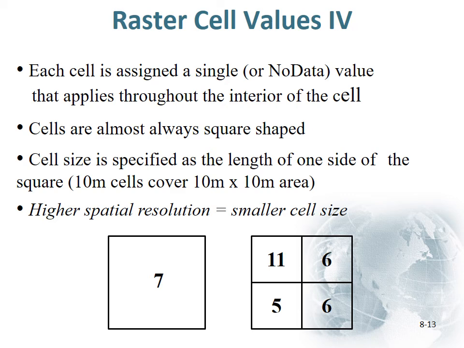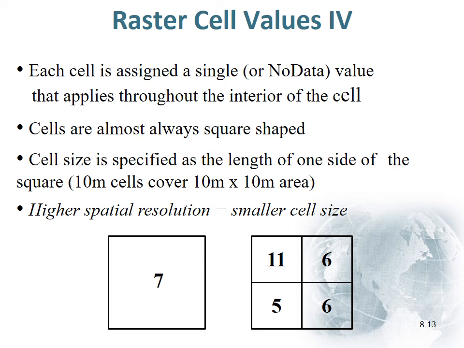So raster cells contain a value. They're almost always squares with the same size lines on each side, describing an area. When we think about scale and resolution with regard to raster information, when we want more detailed information, we're going to need a smaller cell size. Okay, so for example here, let's say the cell on the left is 20 meters on a side.